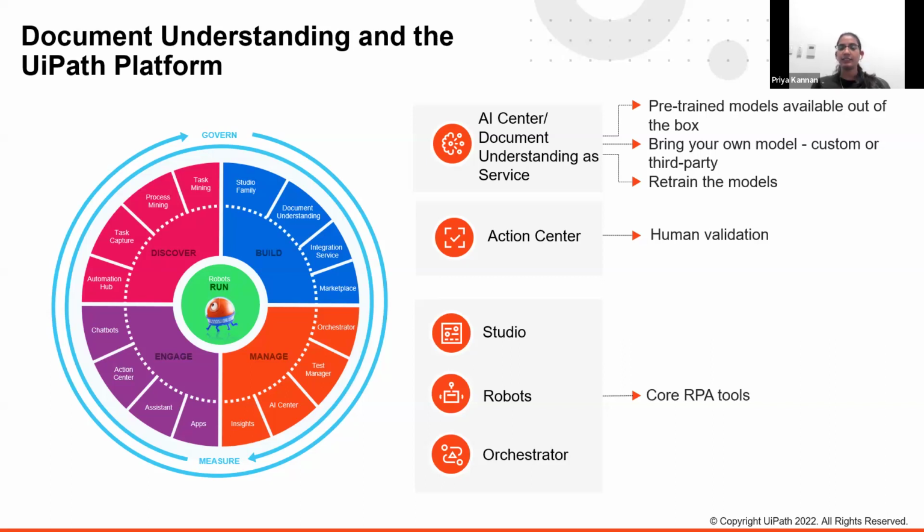Action Center is where, if the bot is not able to do something or take action, someone has to help it or verify it. Next we have Studio, robots and Orchestrator, which are the general RPA tools. Using these we maintain and run the bots, and through Studio we develop the process.